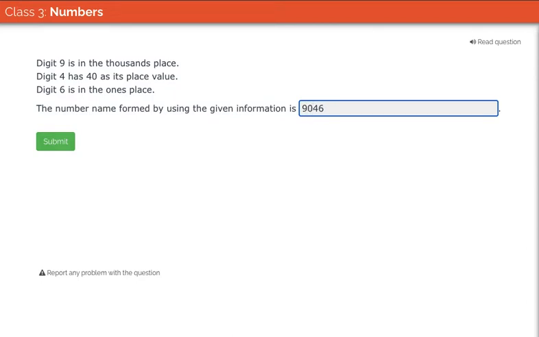Oh no, we forgot. We have to write it in words, not in numbers.